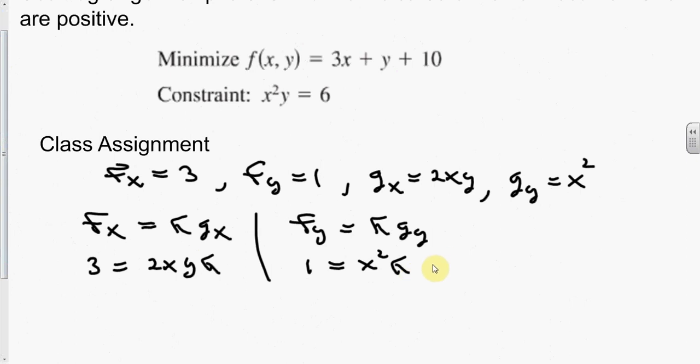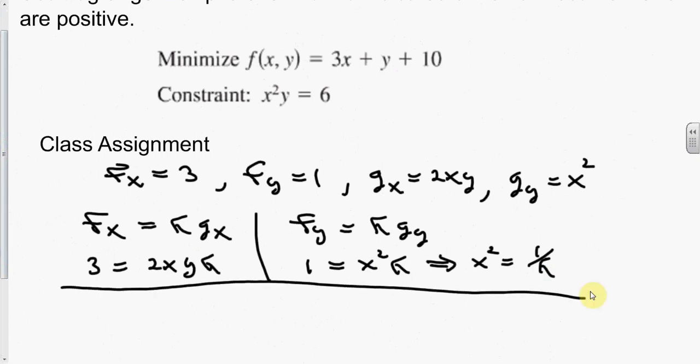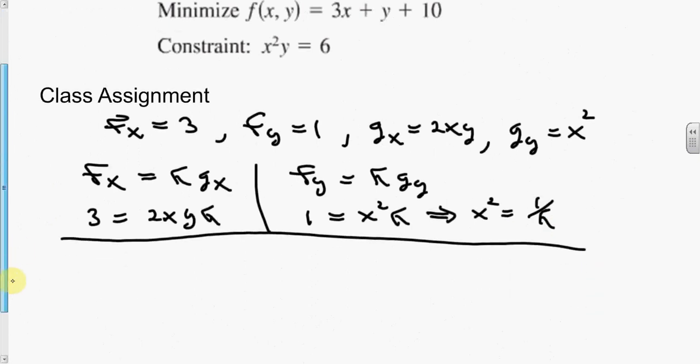Now, from this it implies that x squared is equal to 1 over lambda. And then y is equal to 3 over 2 times x times lambda.